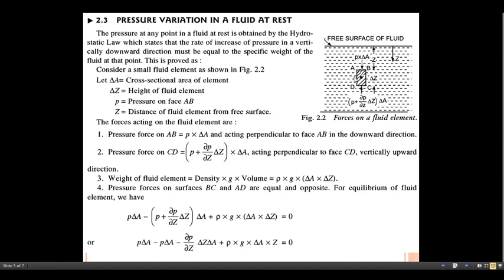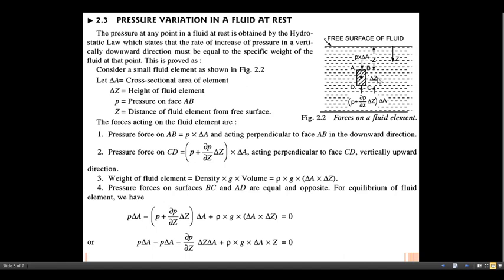Now we look towards pressure forces on the surfaces. The pressure forces on BC and AD are equal and in the opposite direction.